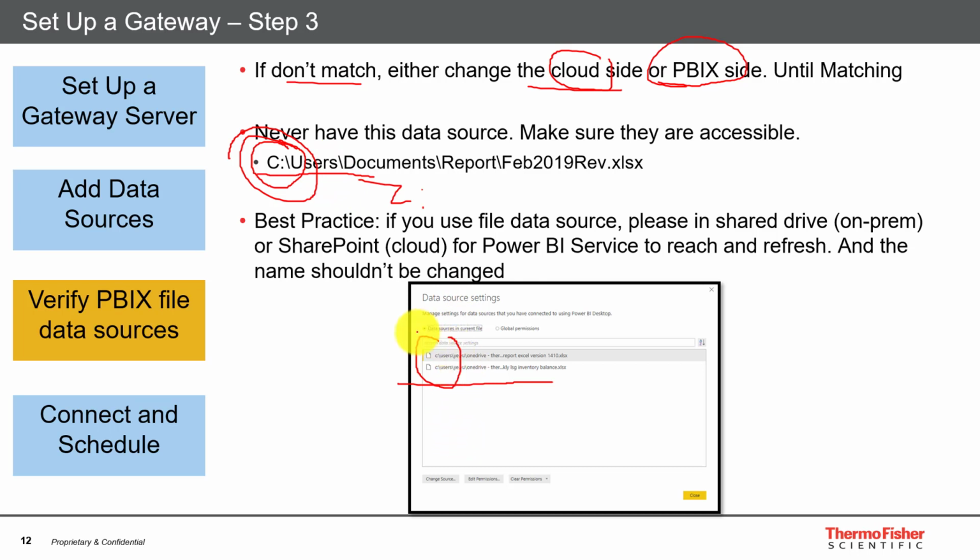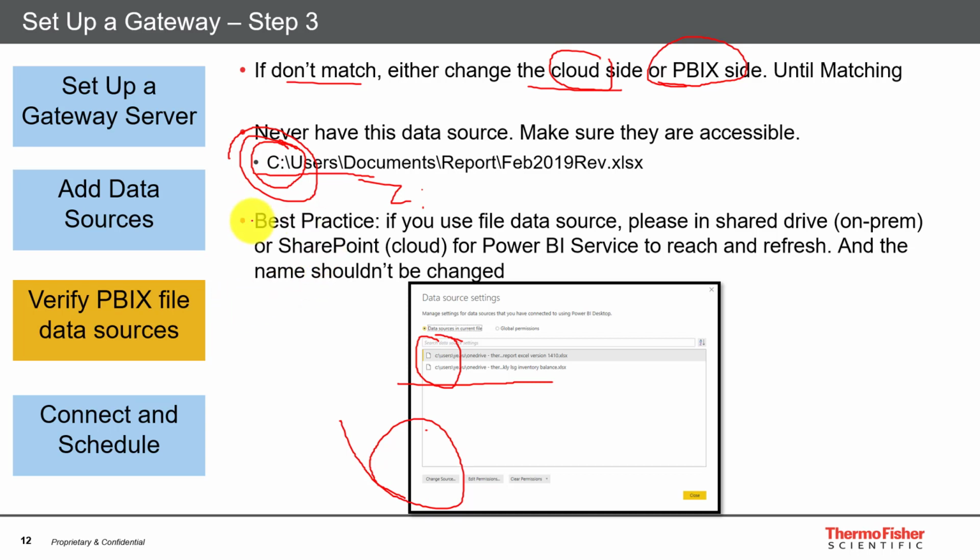So if you have already done this, you can use the change data source button, which is located here, to change your data source into maybe an online source or maybe a full path. Never use any C drive or Z drive.